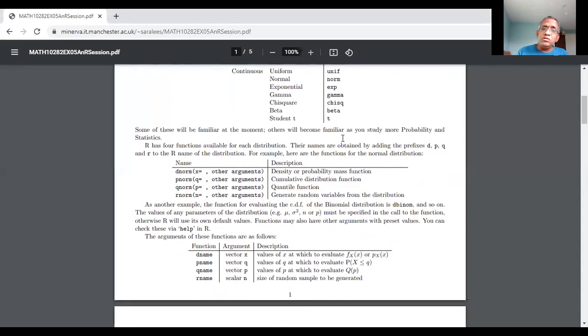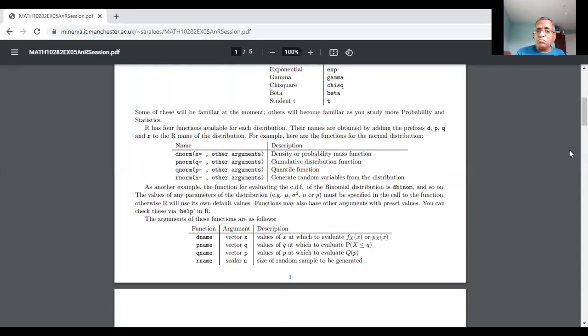Now, suppose you want to compute the density or the probability, the CDF or the quantile function, or generate random numbers from a distribution. These are the syntax for any distribution. If you want to compute the density or the PMF, you use the D and the name of the distribution.